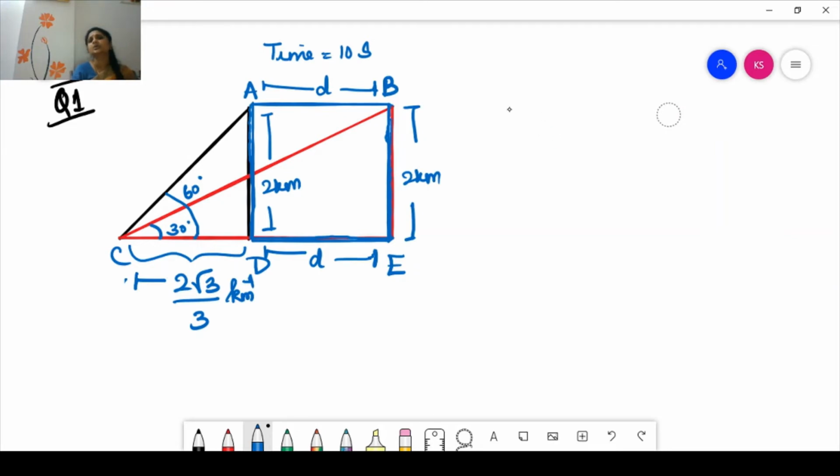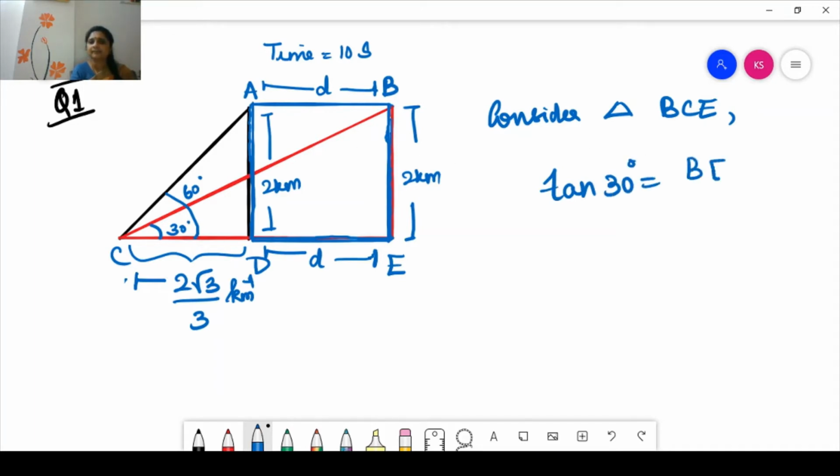So let's consider triangle BCE. In that again, tan 30 will give me the opposite of it. The opposite is BE by CE. Look at this. This is the full triangle that we are dealing with. So this 30 degrees, tan 30 will be opposite by adjacent.